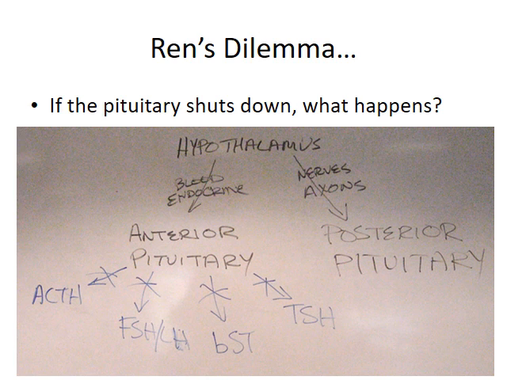So he's got no ACTH, no FSH, no LH, no GH, no TSH. So give some thought, and we'll talk about it later. But what is he missing? If he doesn't get hormone replacement, what things will he be missing? And then we'll talk about that probably tomorrow morning.